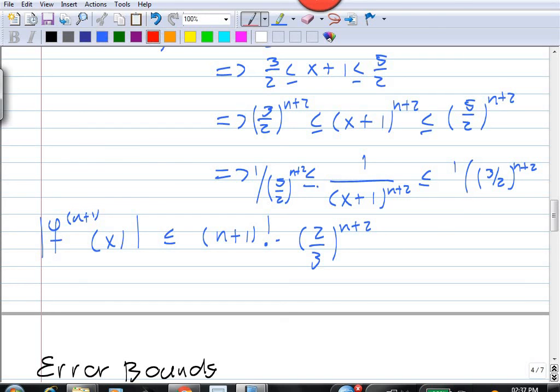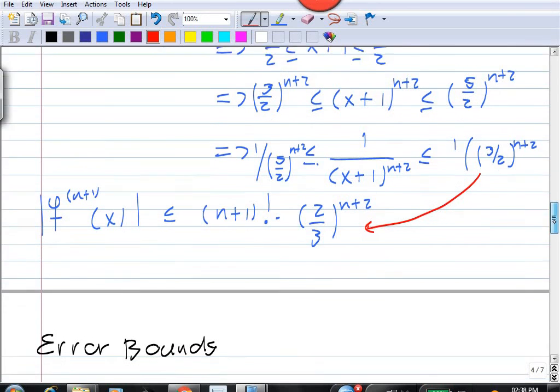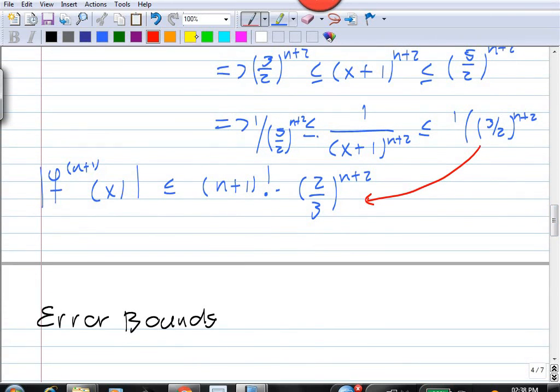This comes from there, and this is true for x in our interval I.